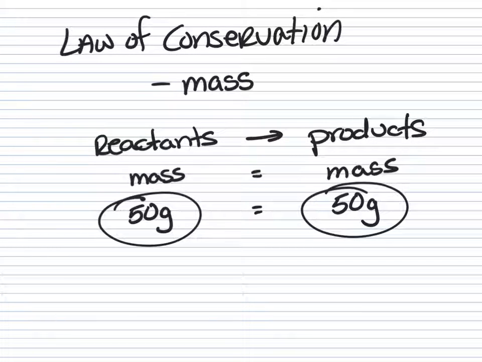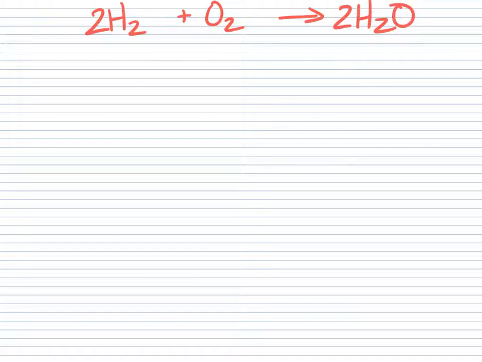So let's put this in chemistry terms. Here I have a nice little easy chemical equation, and we're going to assign masses. So if I have 30 grams of hydrogen, that's a lot of hydrogen, and I'm making these numbers up now, 15 grams of oxygen, then how much water will I be able to make?